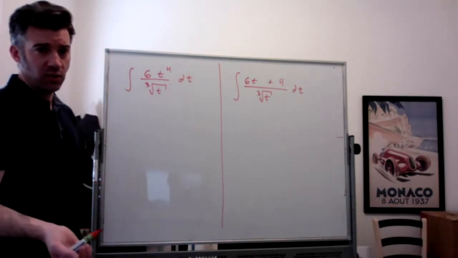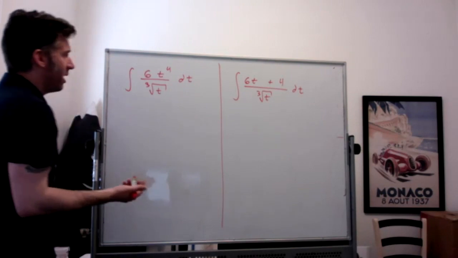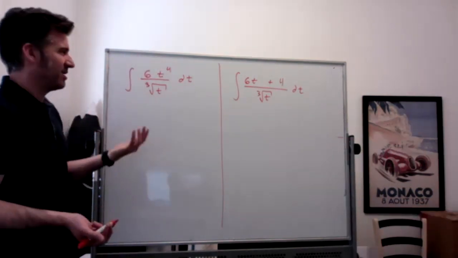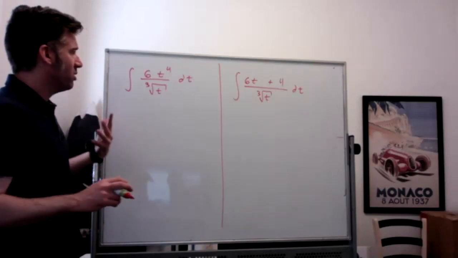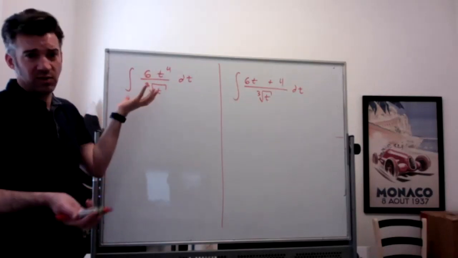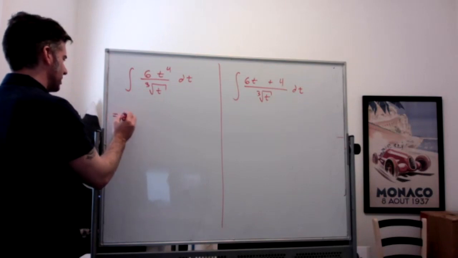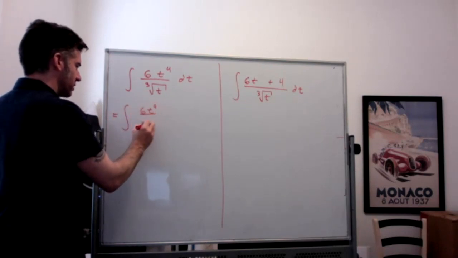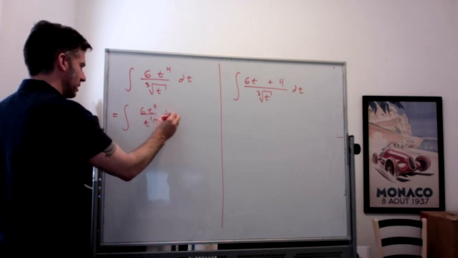Either way, we want to simplify this. So if you've got a fraction, a rational or not, it's actually technically not a rational fraction, what you want to do is just divide. So I can rewrite this as the integral of 6t to the 4th over t to the 1/3 dt.